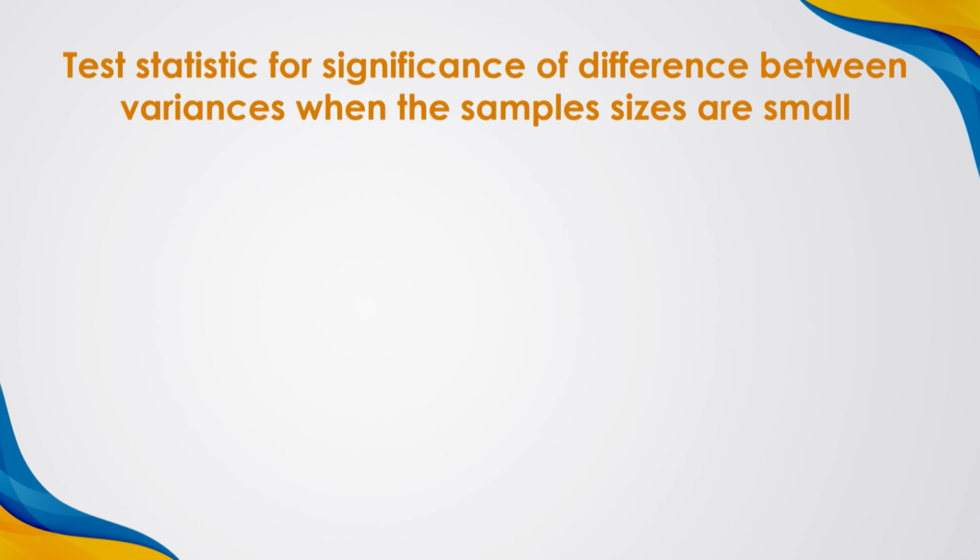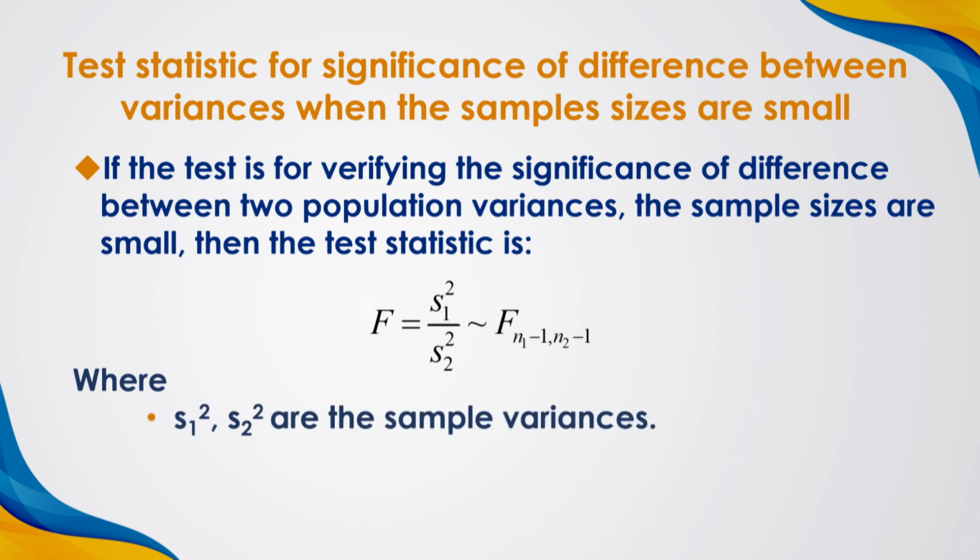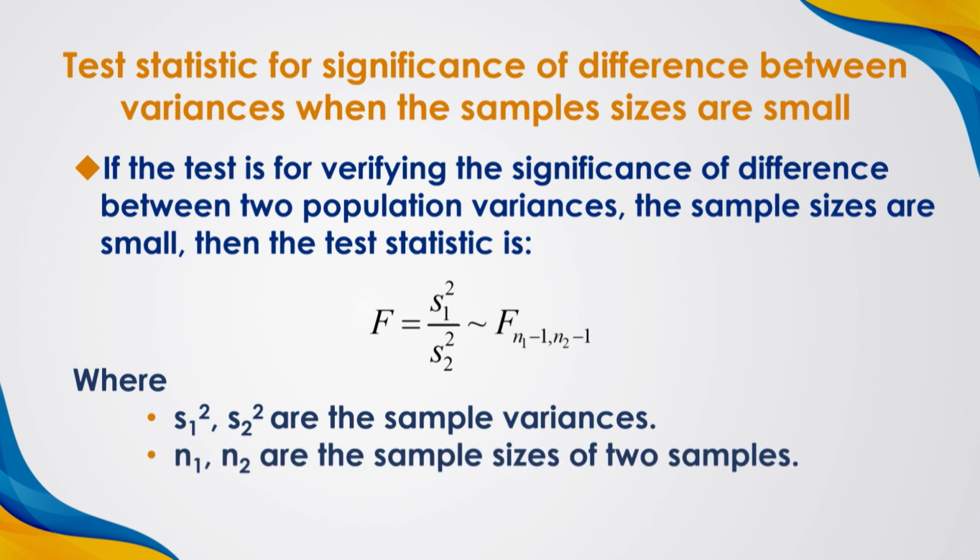Whereas the test statistic for significance of difference between two population variances when the sample sizes are small is F equal to s1 square by s2 square, which follows F with n1 minus 1, n2 minus 1 degrees of freedom. It is Snedecor's F distribution, which is another sampling distribution. In the F statistic, s1 square and s2 square are the sample variances, and n1 and n2 are the sample sizes of the two populations.